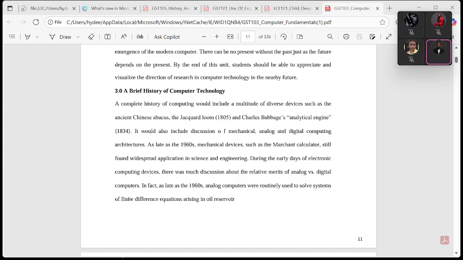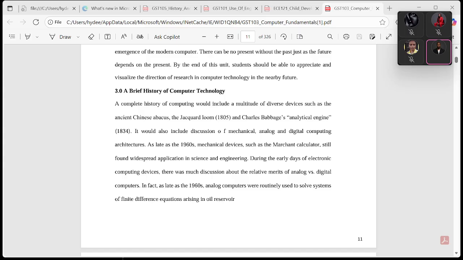All right. So talking about the early electronic calculator, that's the one by Atanasoff, around 1937 to 1953. This is the first generation. We have the ABC, they call it the Atanasoff-Berry Computer. ABC.